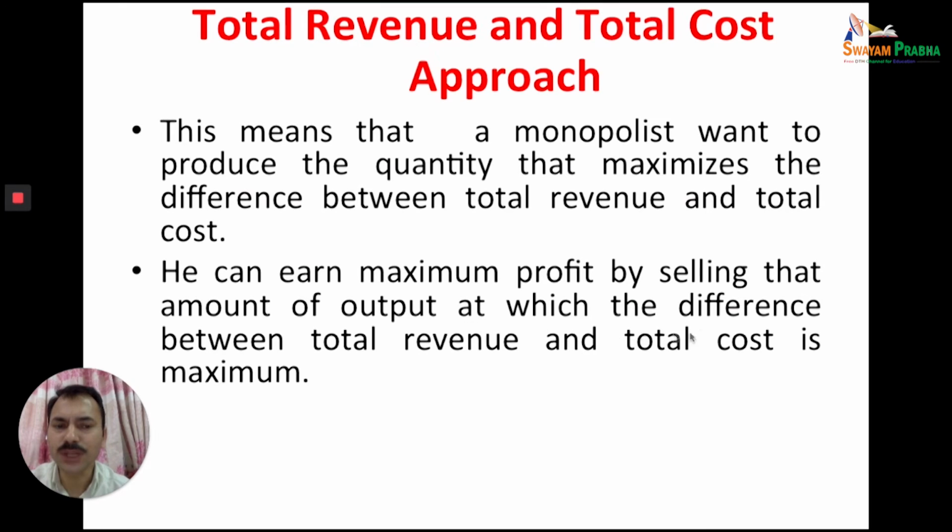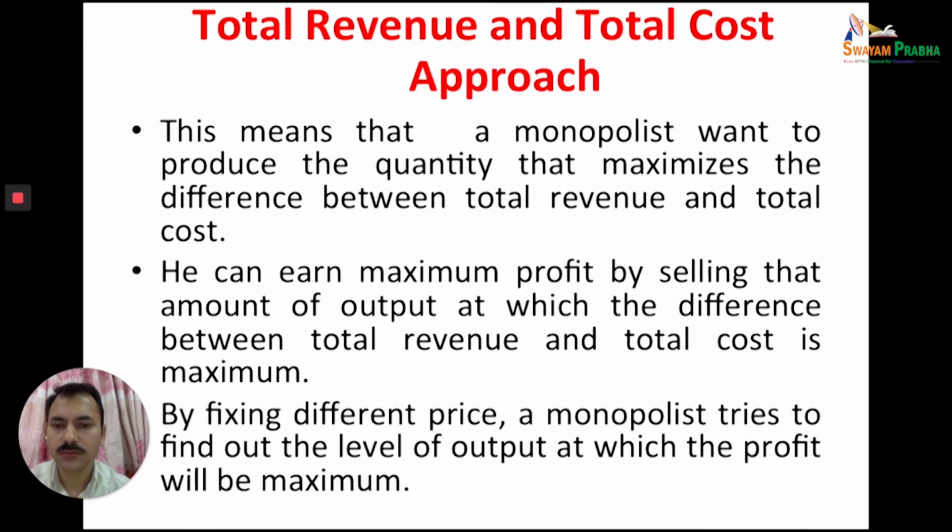So the point where the difference between total revenue and total cost is maximum, at that particular point the producer wants to produce his commodity. By fixing different prices, the monopolist tries to find out the level of output at which the profit will be maximum.